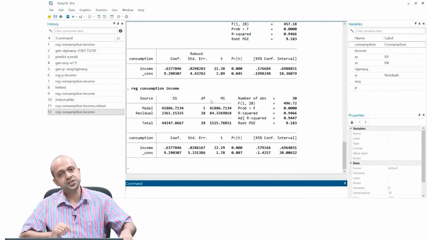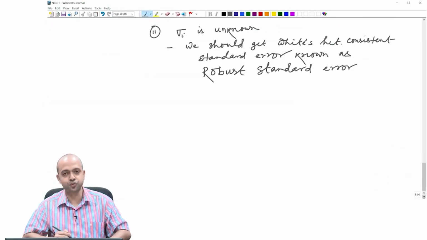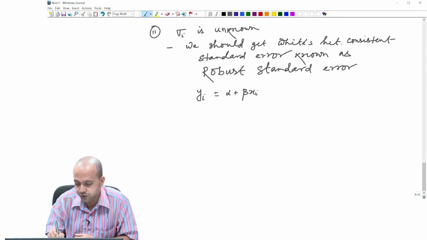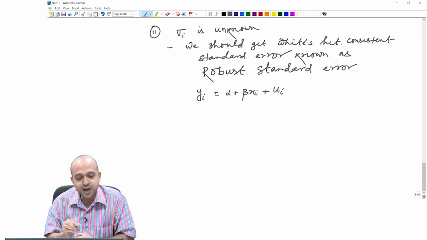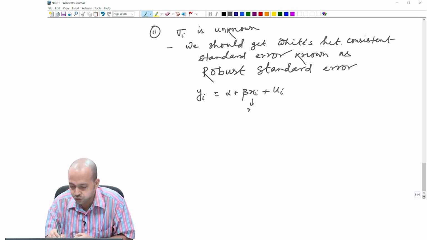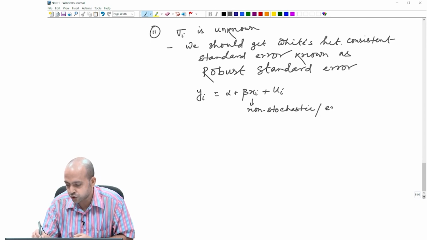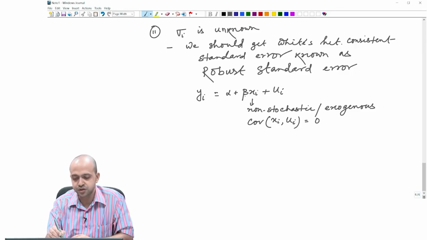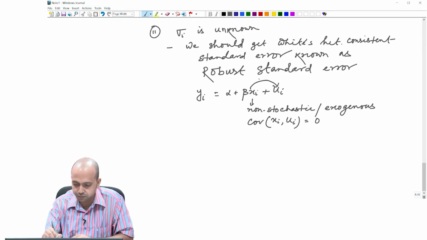Out of those 7, there is one more very important assumption: yi equals alpha plus beta xi plus ui, where we assume this xi is non-stochastic, or exogenous. That means covariance of xi and ui is 0. This is not correlated with this error term.